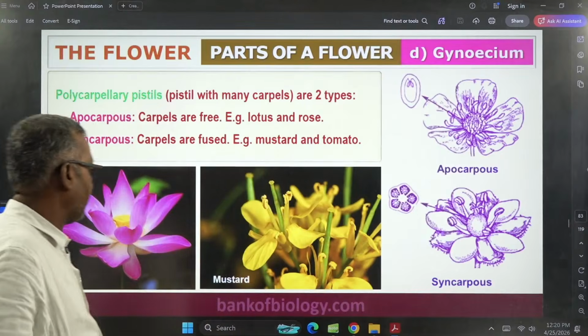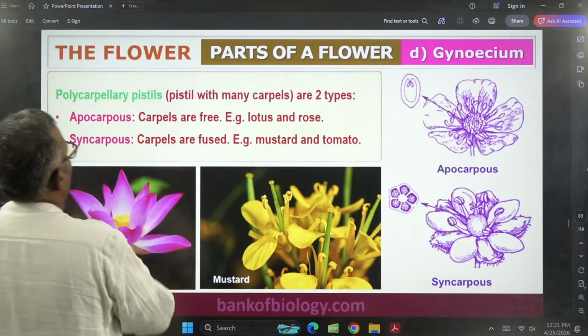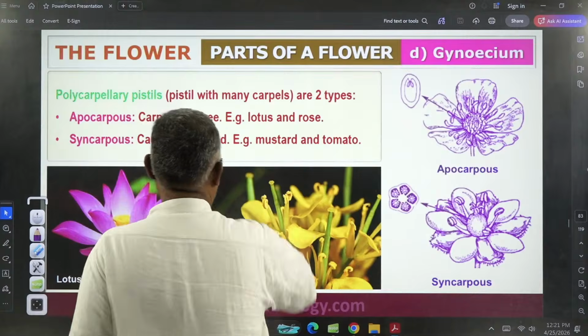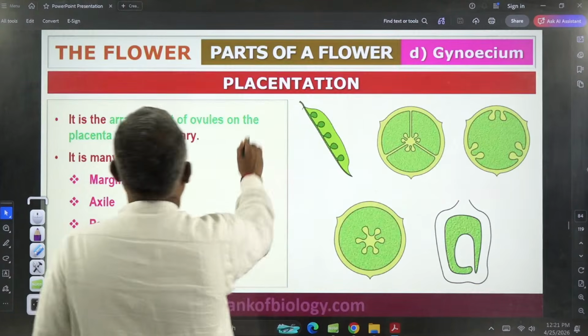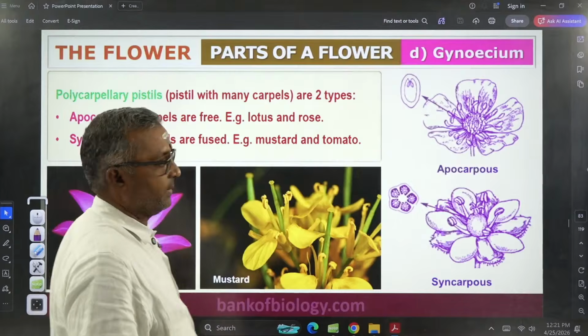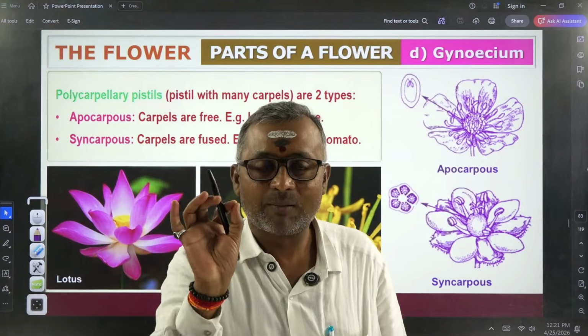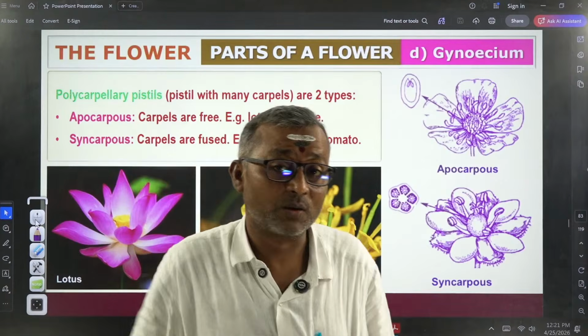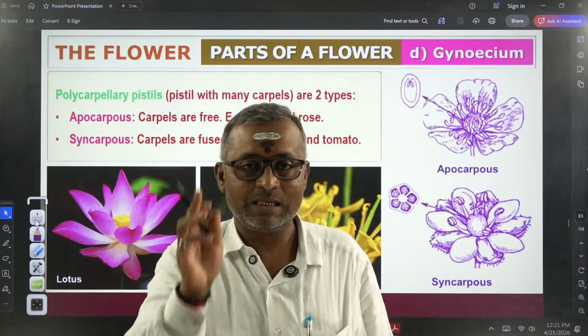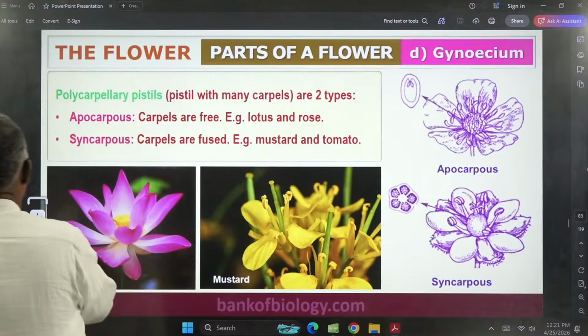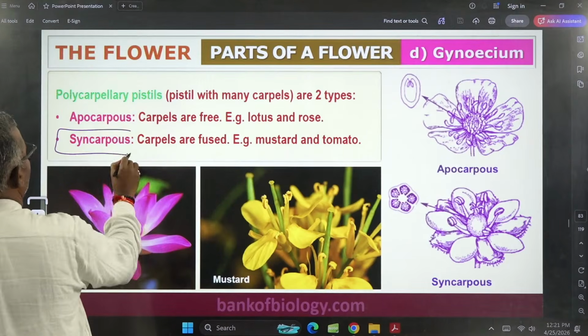Look at the board carefully. So if all the carpels are fused, then it is called syncarpous. What is it called? Syncarpous. S-Y-N. Look here. This is syncarpous.